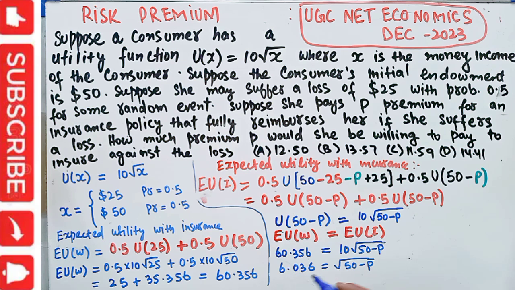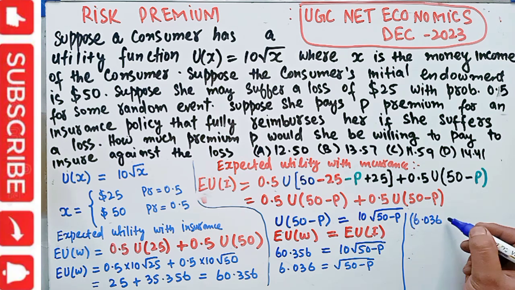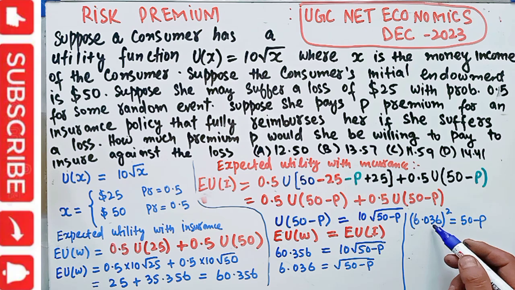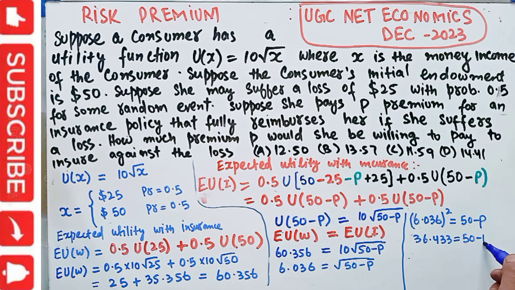So 6.036 squared is equal to 50 minus P. 6.036 squared comes out to be 36.433, which should be equal to 50 minus P.